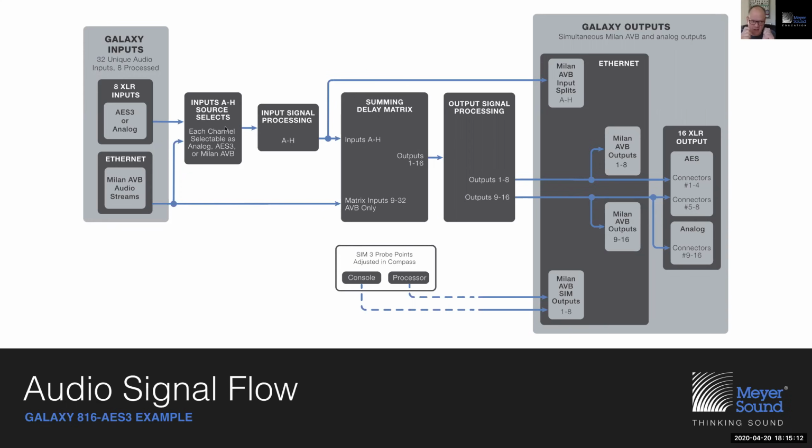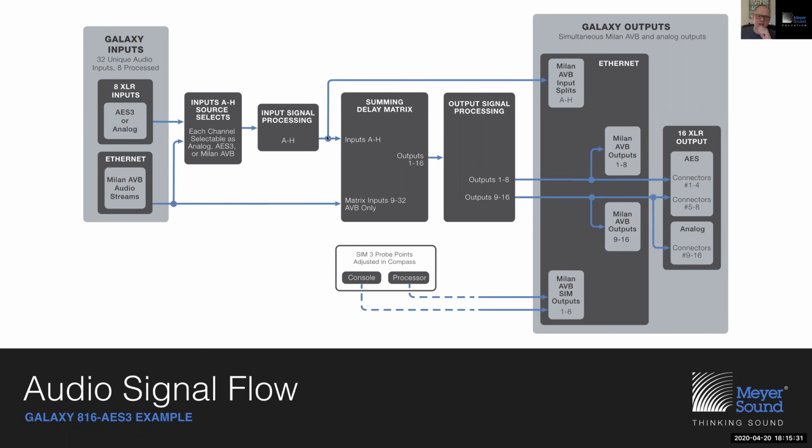So that's where I assign the physical inputs to the input signal processing, 8 channels of input signal processing, labeled A through H, as we're about to discover. So there you have your second and third block in the signal flow.